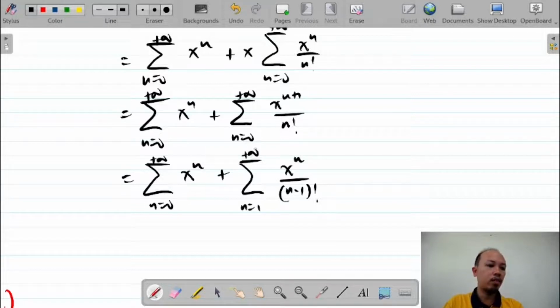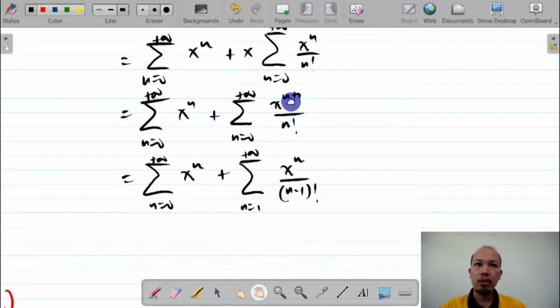So what happened? Are they equal? Remember that if you expand, 0 factorial is 1, x to the 1.